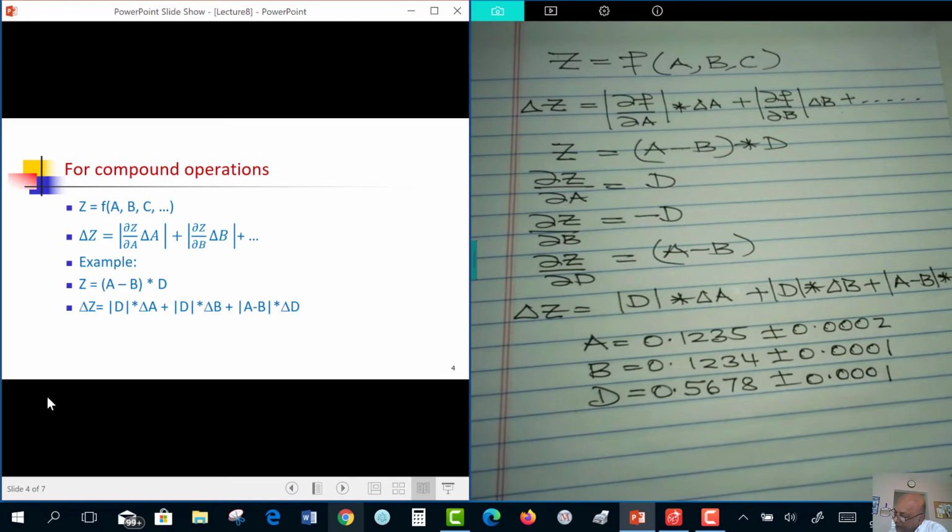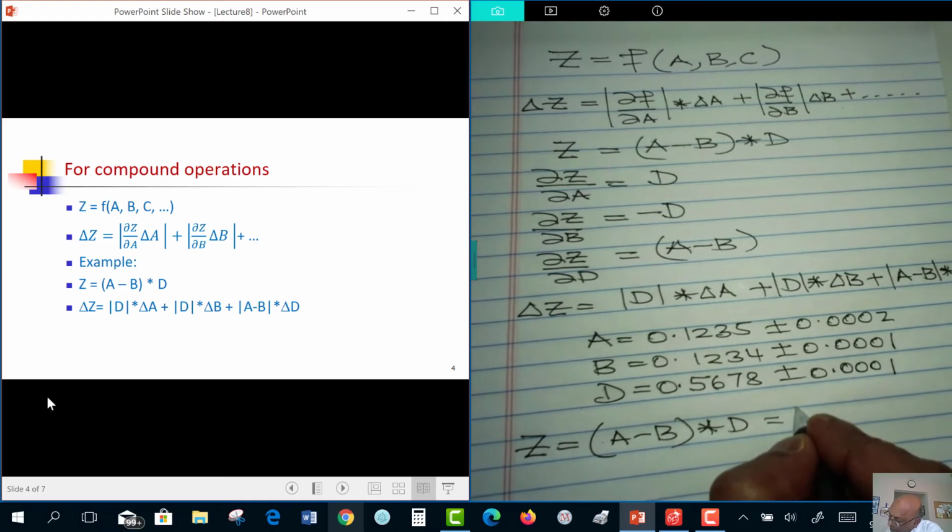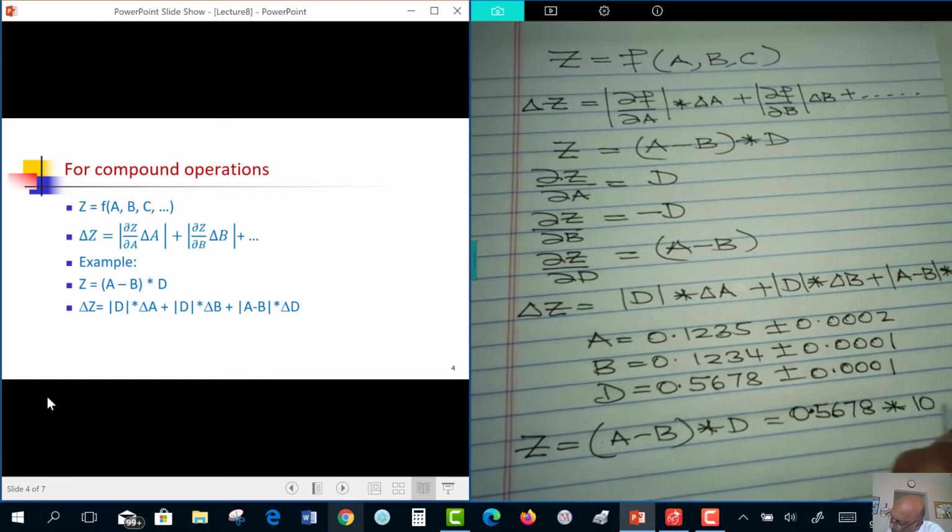Okay. So we calculate Z is A minus B times D. 0.1235 minus 0.1234 times D, 0.5678. So I get 0.5678 times 10 to the minus 4.